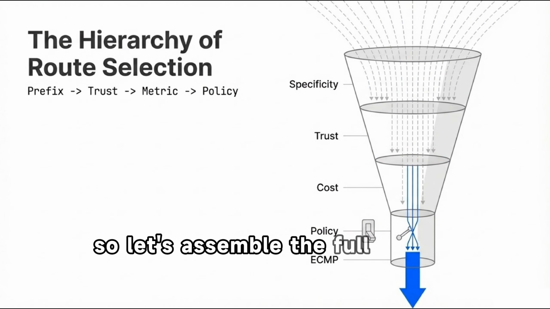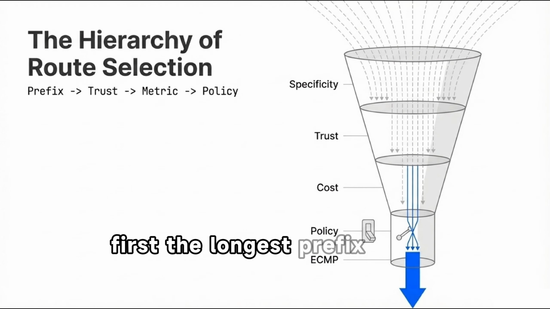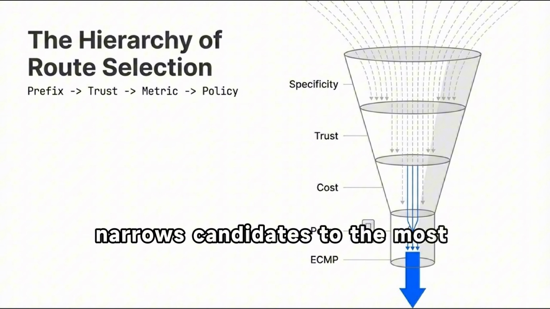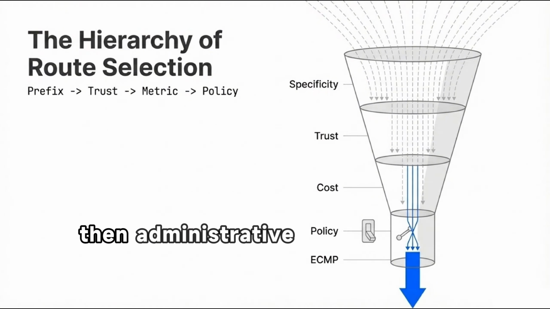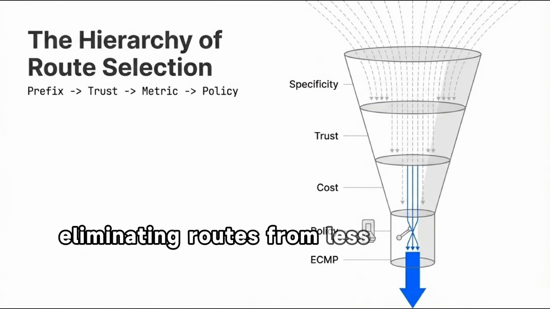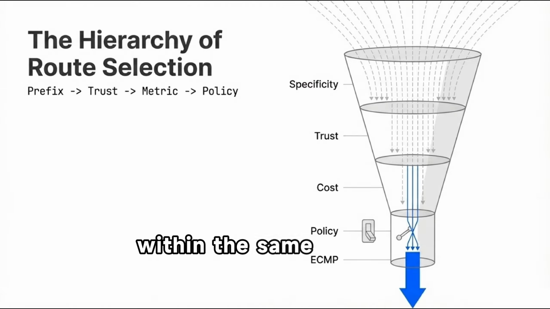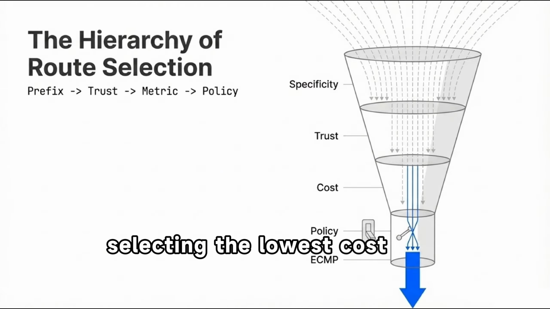So let's assemble the full picture of how a router selects a route. First, the longest prefix match narrows candidates to the most specific entries. Then administrative distance ranks them by source trustworthiness, eliminating routes from less preferred sources. Then metrics compare the remaining candidates within the same protocol, selecting the lowest cost path.